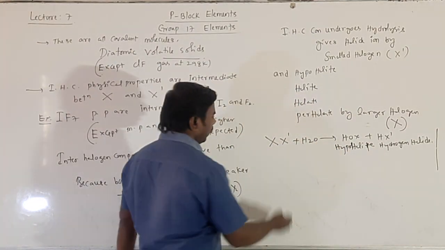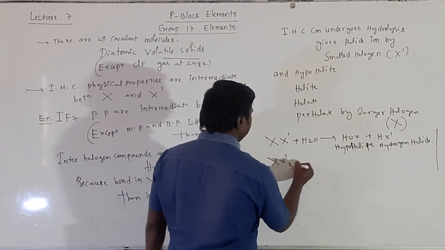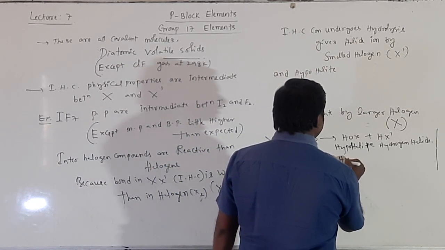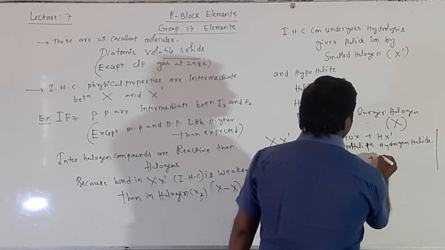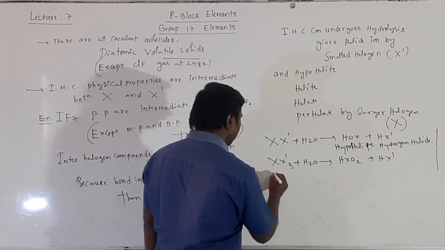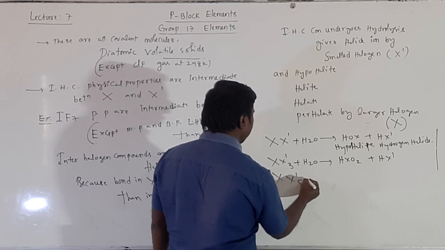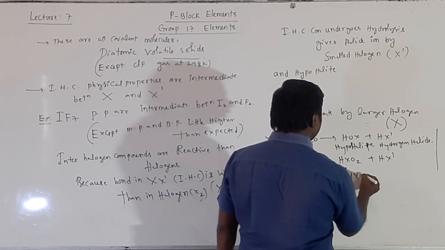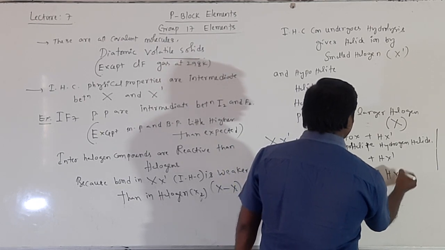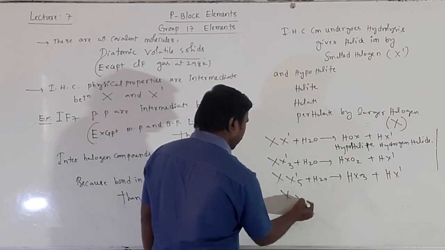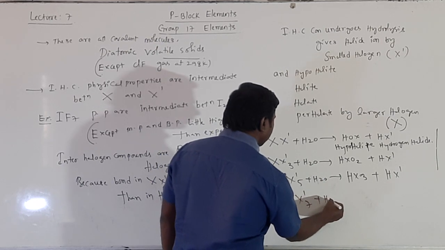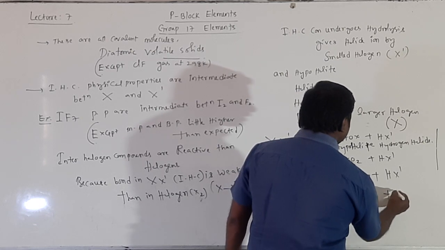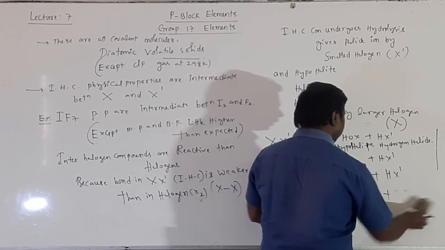Next, X'³ plus H2O gives rise to HXO2 plus HX'. X'⁵ plus H2O gives rise to HXO3 plus HX'. X'⁷ plus H2O gives rise to HXO4 plus HX'.